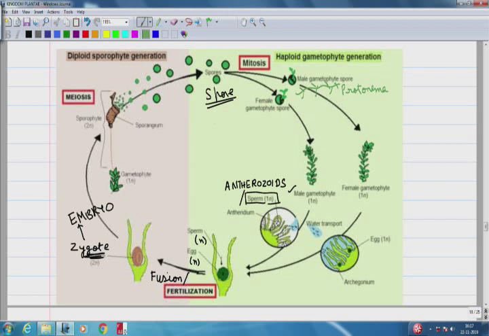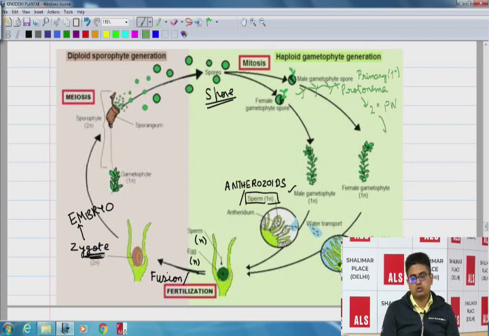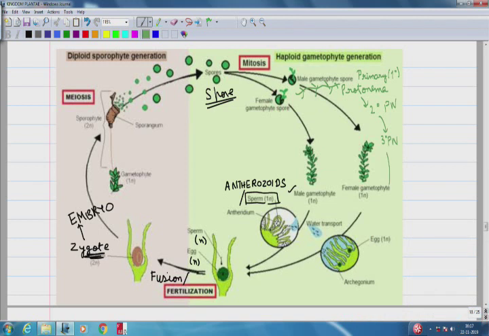The spore produces protonema, and protonema gets broken into many parts. Each part grows into secondary protonema. This is the primary protonema. Primary protonema on fragmentation produces secondary protonema. Secondary protonema grows into a new filament. It further breaks down into tertiary protonema, and tertiary protonema grows into female gametophyte.